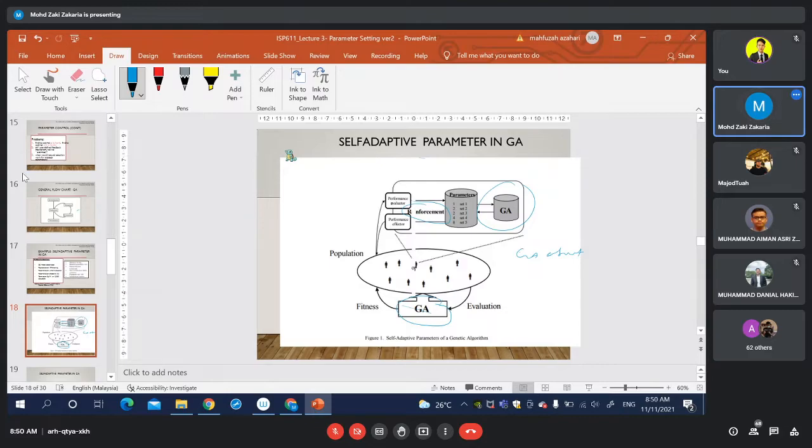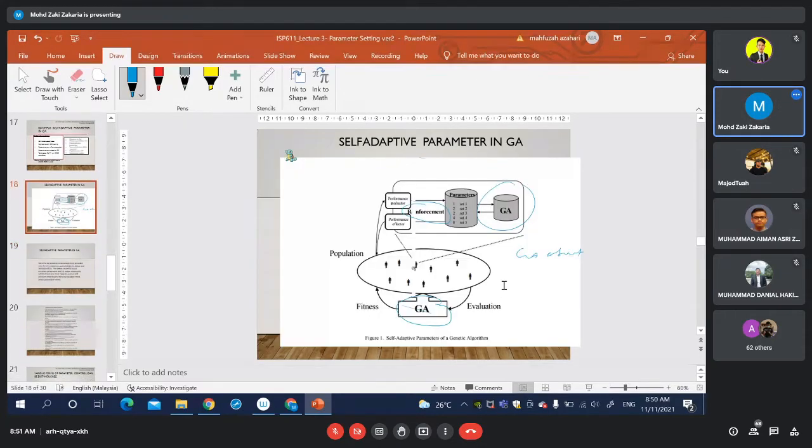This is for your information; this framework will not be in the exam, because it is a very complex algorithm to explain. GA about GA, meta GA.